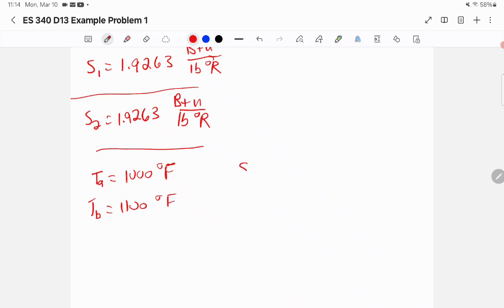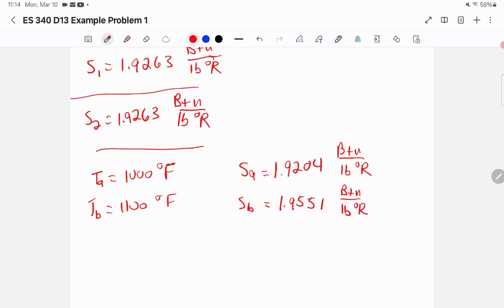SA was equal to 1.9204 BTU per pound degree Rankine, and SB was 1.9551 BTU per pound degree Rankine.